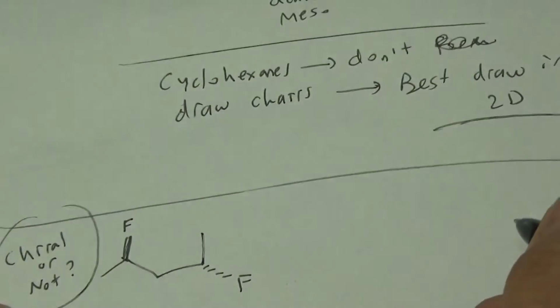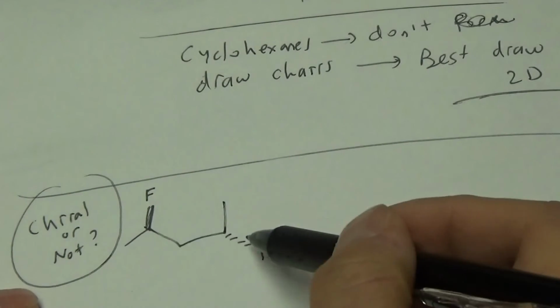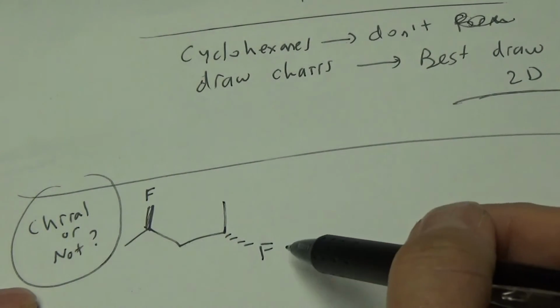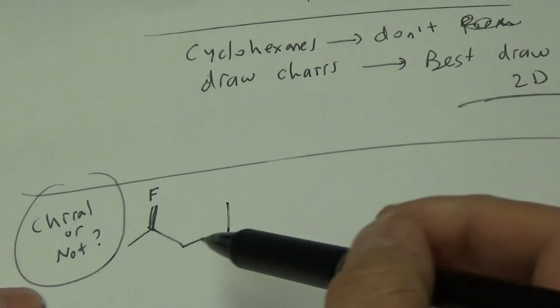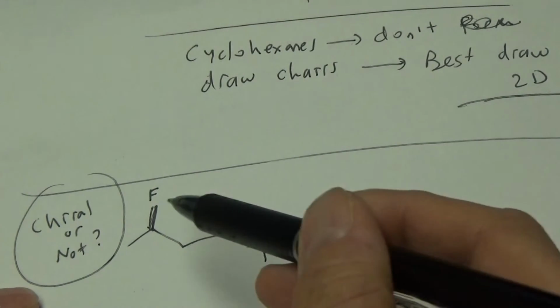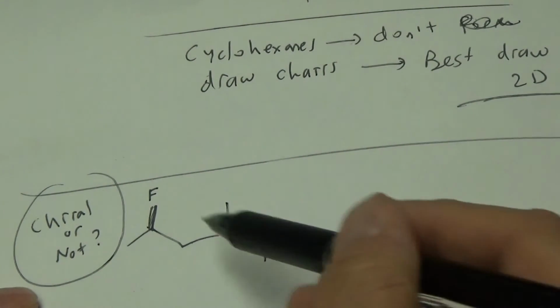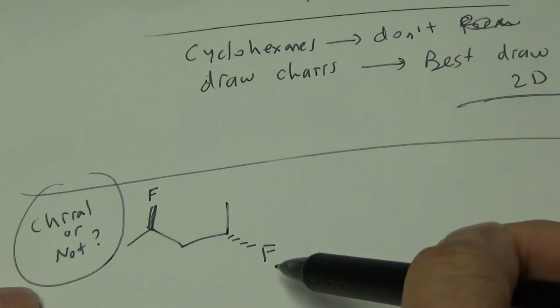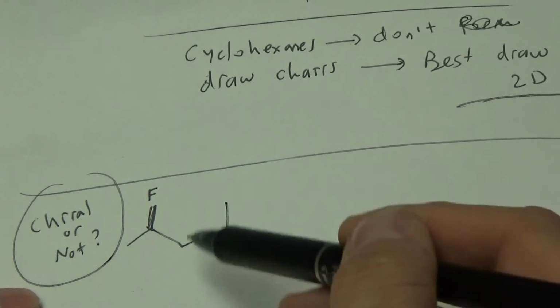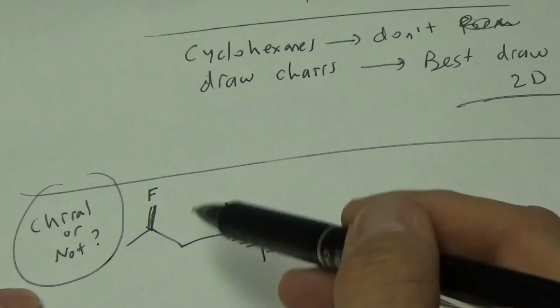Chiral or achiral, okay? So you might say, well, I see two chiral centers there, right? You do see two chiral centers. You should be suspicious when you have two of the same atom, like fluorine or bromine, you might think, oh, it might be meso. You might not see that as meso. And when I look at this, I don't see a plane of symmetry here.